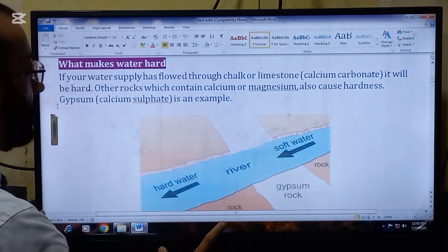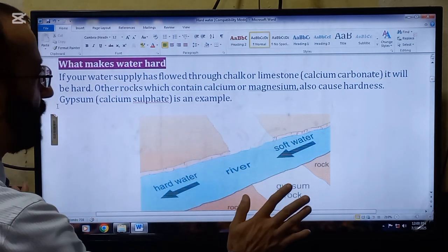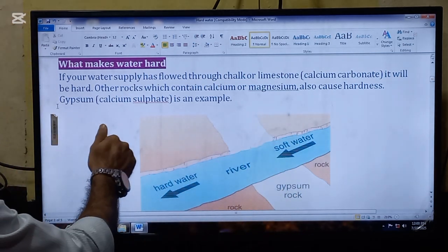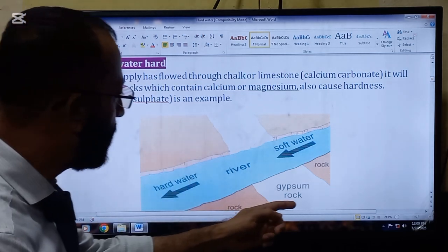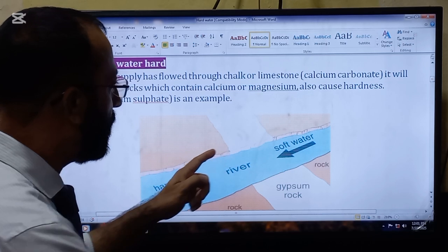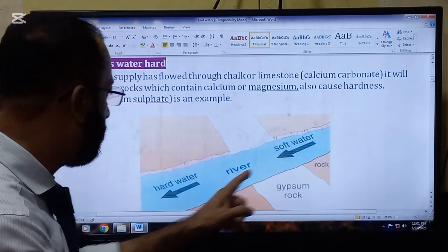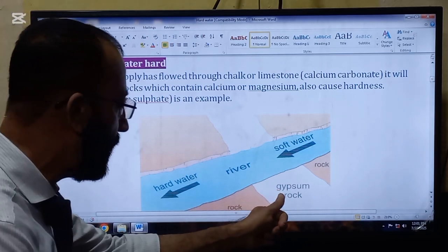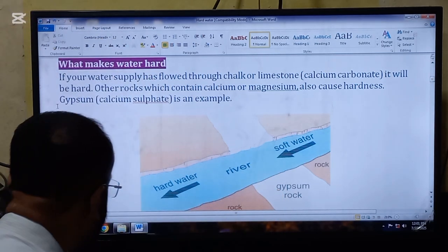So the main reason for the hardness of water is calcium and magnesium ions. Gypsum, calcium sulfate, is an example. Here you can see a gypsum rock. When water flows through it, the soft water becomes hard water because the calcium and magnesium ions from the rock dissolve into the water.